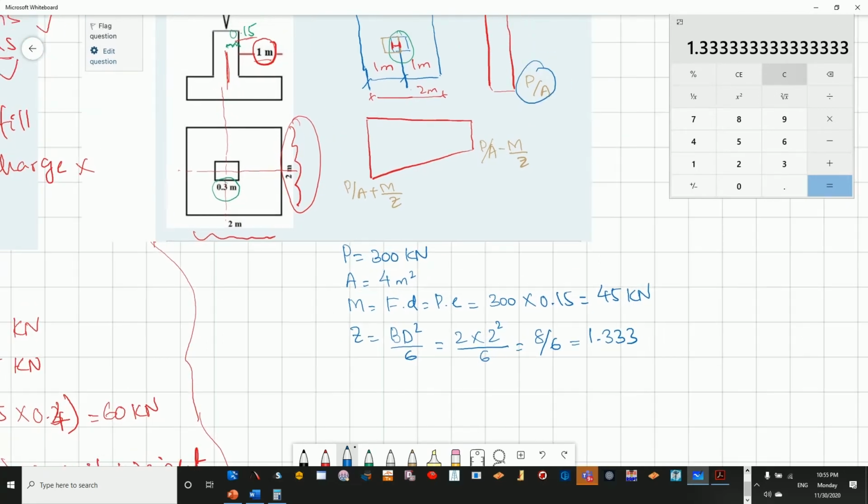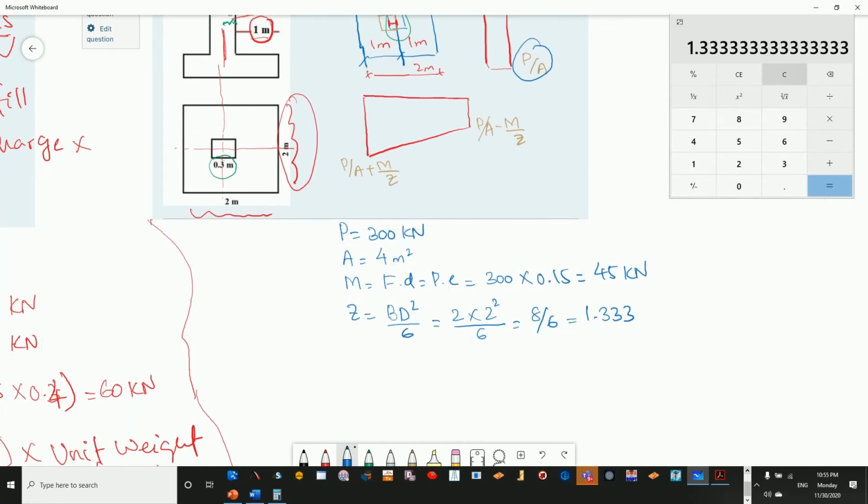Now if we want to calculate these pressures, what do we need to do? We need to calculate P over A. This is for axial pressure. That's P over A, which is 300 divided by 4, and this is 75.